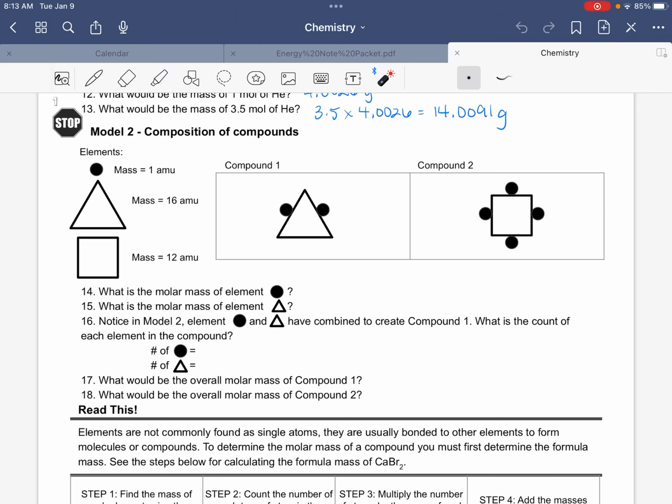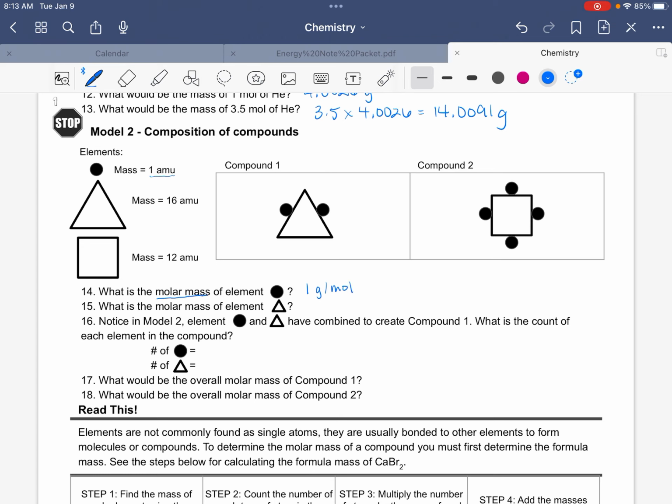So for number 14, what is the molar mass of the element with our circle? Since the mass of a single atom would be this, if we scale it up to 1 mole of that shape, we would have 1 gram per mole.